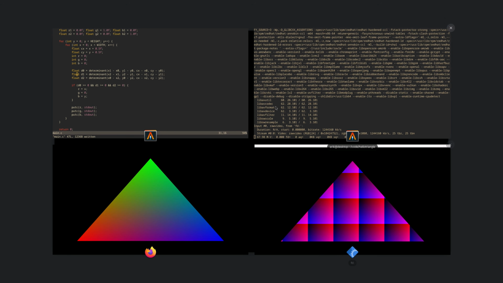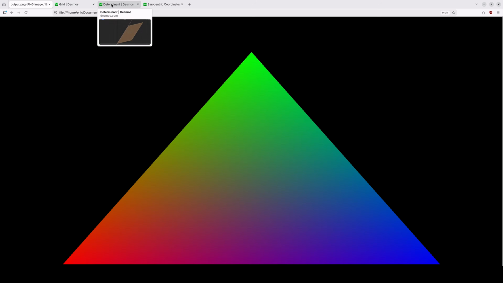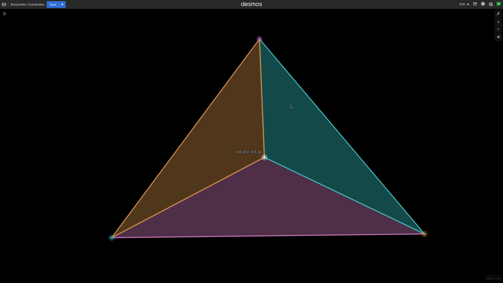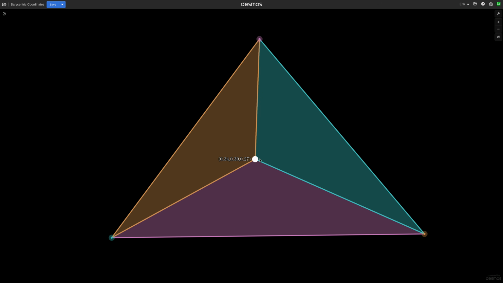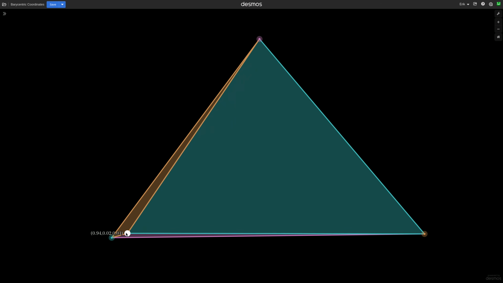Now we need a coordinate system that's going to give us a blended value in between the three vertices. And for that we use barycentric coordinates. So this is a coordinate system where, based on a point inside the triangle, we get three numbers. And these three numbers add up to 1.